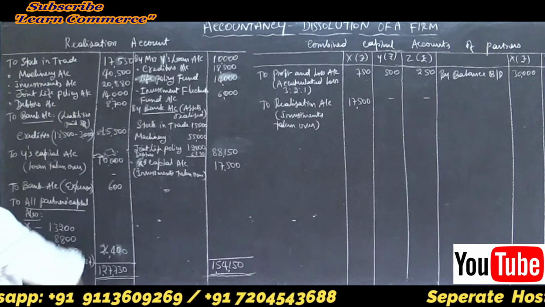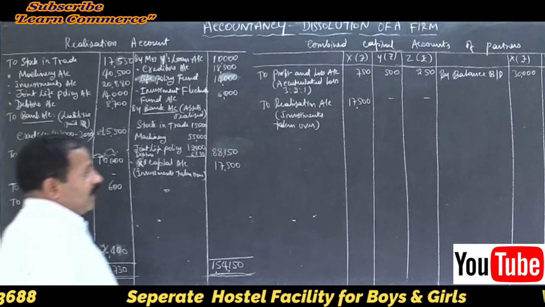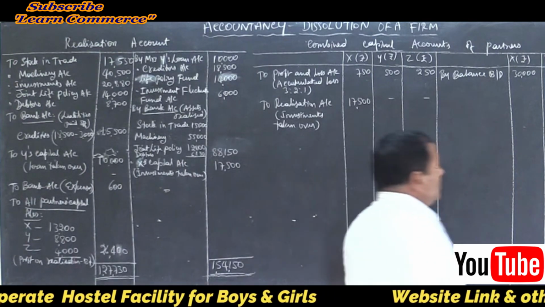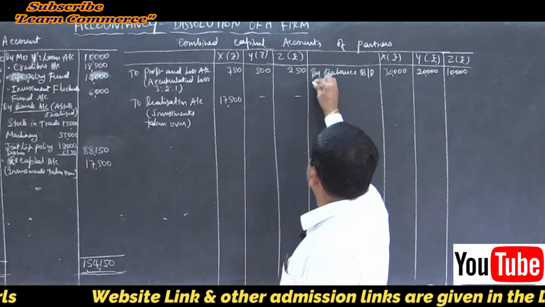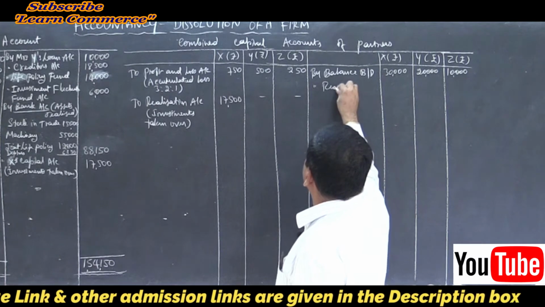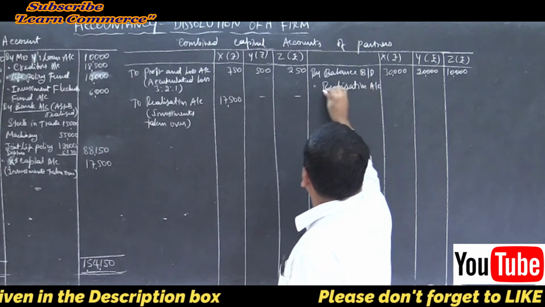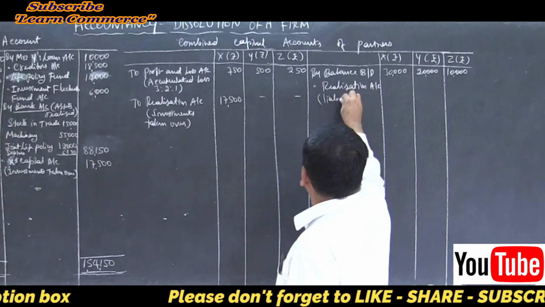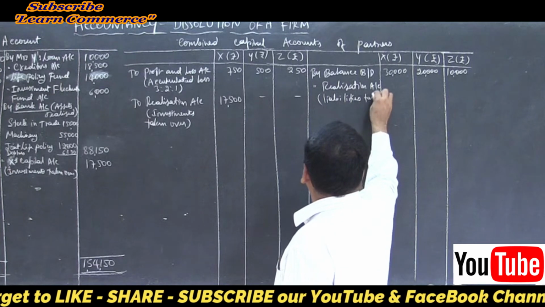Realization account debtor to Y's capital account, that is loan taken over by Y. So, Y's capital account is credited by realization account. Realization account. Liability taken over, that is wife's loan, isn't it? Taken over.